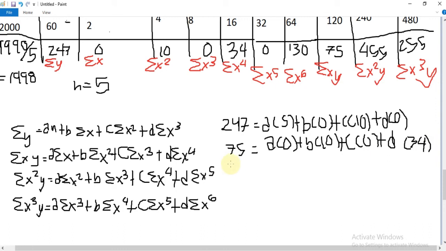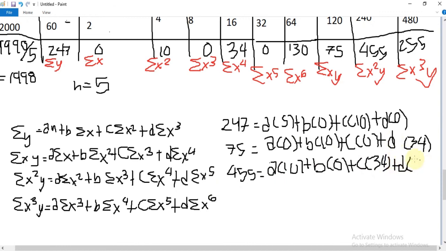Second to the last is the summation of x squared y, so 455, equals a times summation of x squared, 10, plus b times summation of x cubed, 0, plus c times summation of x to the power 4, 34, plus d times summation of x to the power 5, which is 0.